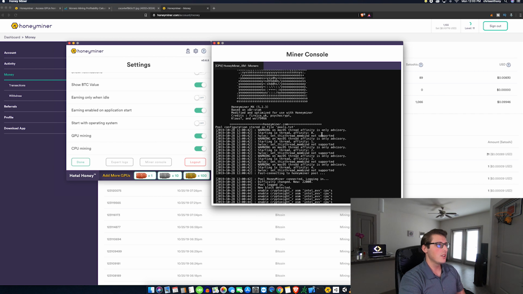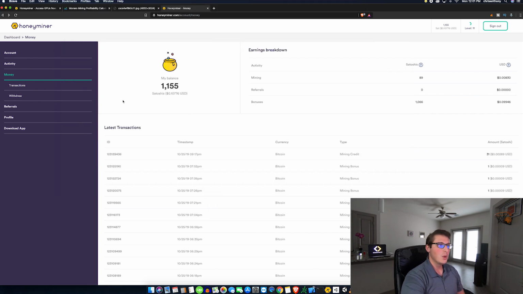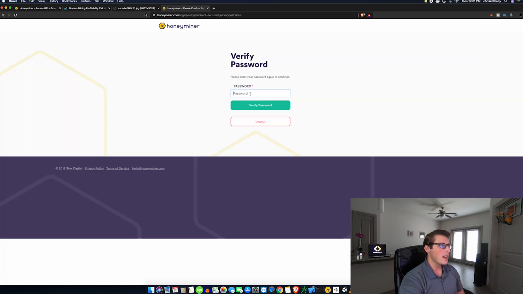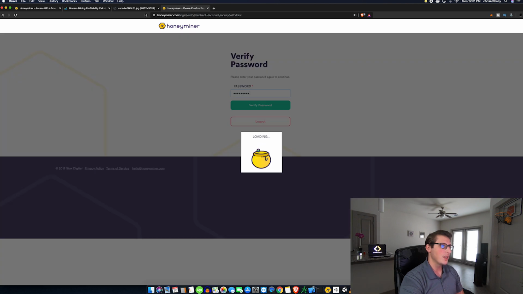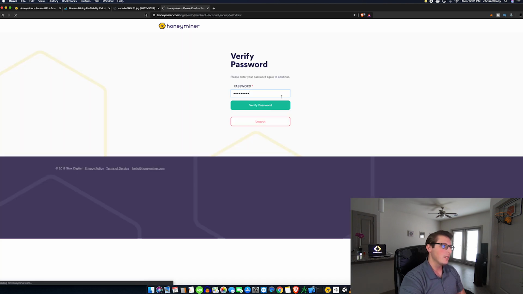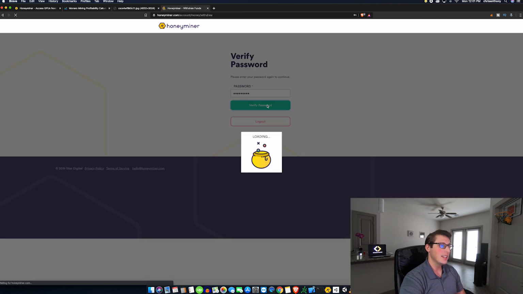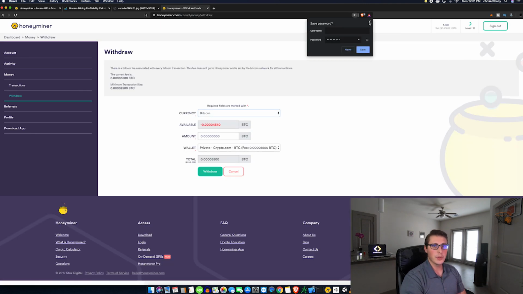So this one here, you can see I've got my Intel 6-core, 3.7 gigahertz, and you saw earlier, it averages around 600 Satoshis per day, per 24 hours, which is, it's not amazing, but it's decent. It isn't mining on my graphics card. This graphics card is more for video editing rather than gaming. So if you have a gaming PC, this mining algorithm is going to be really great for you.